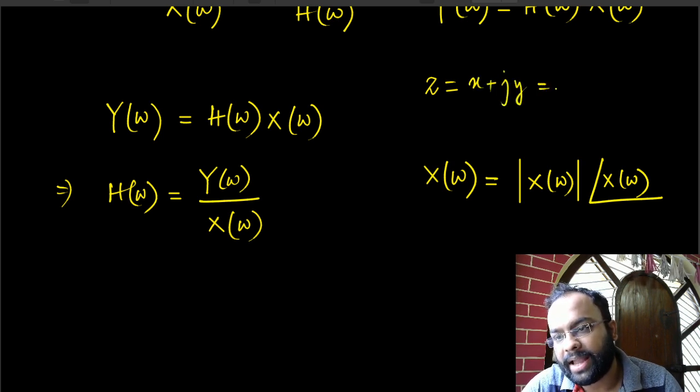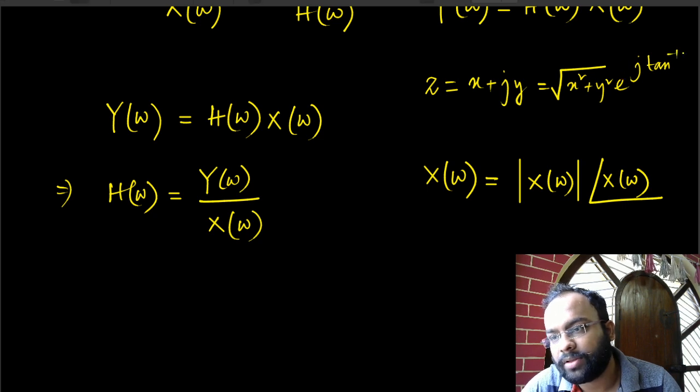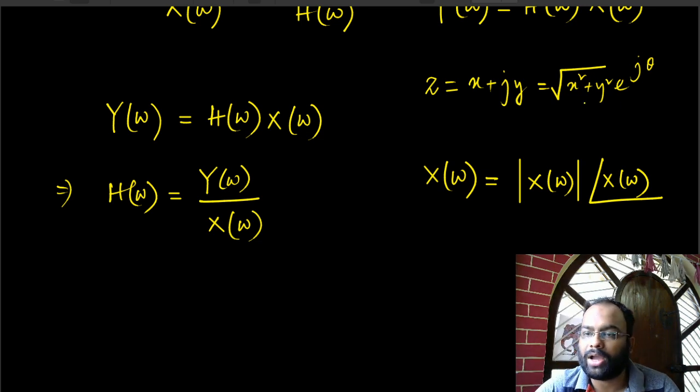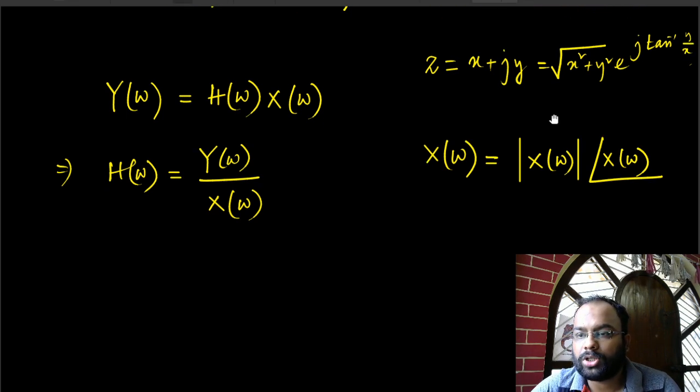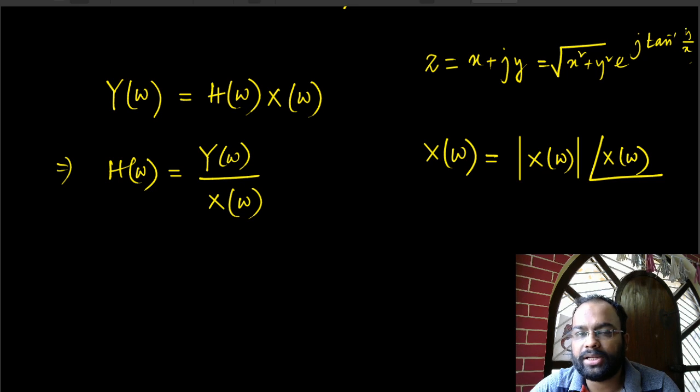Then this can be written as the square root of x squared plus y squared, times e to the power j theta, where theta is tan inverse of y by x. What is this? It is theta, the phase angle of this complex number.